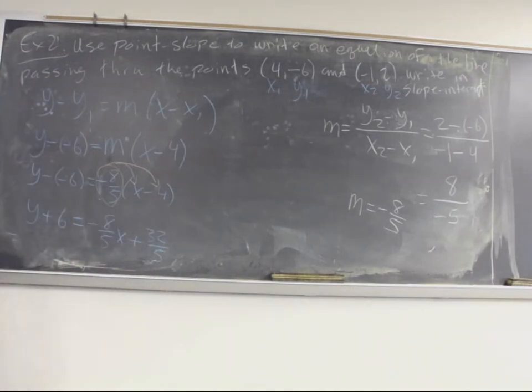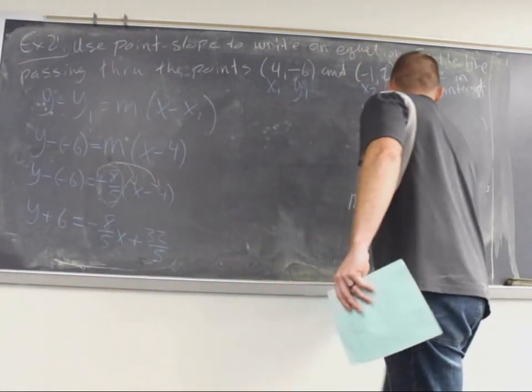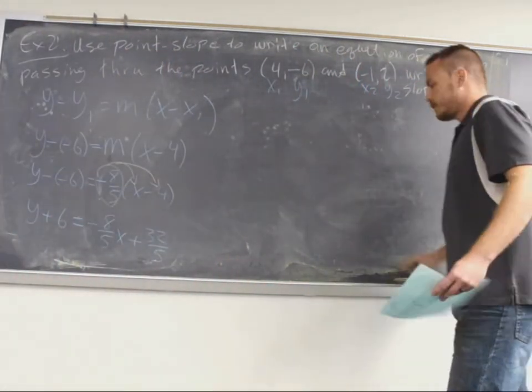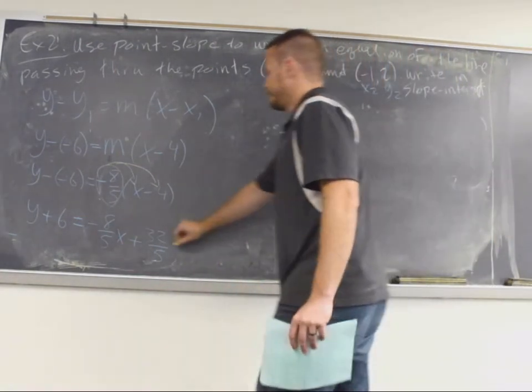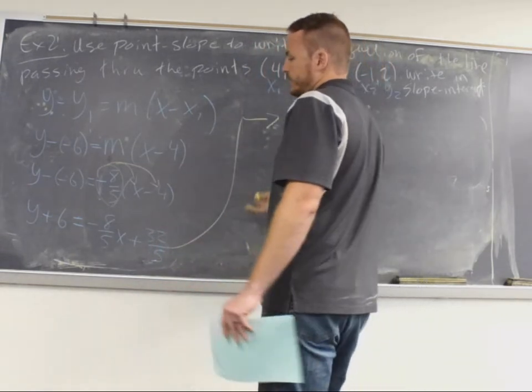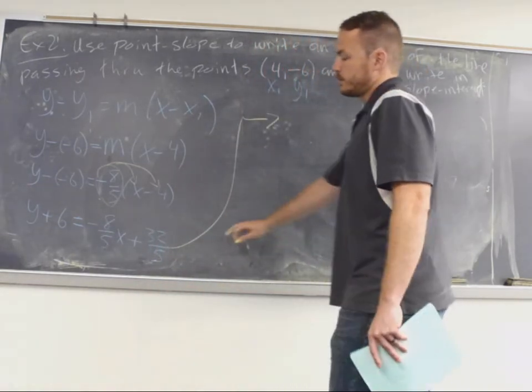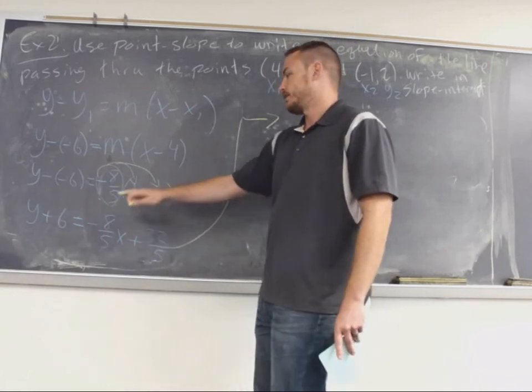All right, and then we're almost there. We have to subtract that 6 over now. So it's a lot of work, but you will see these types of problems on the test. So I'm going to come back up here, and I said you're going to see these types of problems on the test. This one's going to be a little more difficult because now we have this fraction over here that we're going to have to deal with.